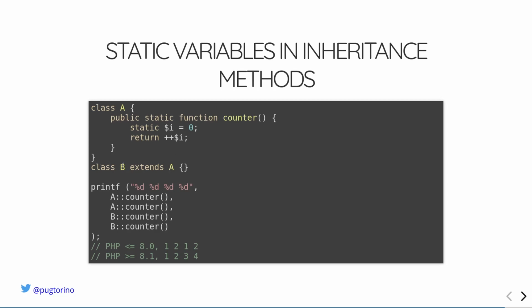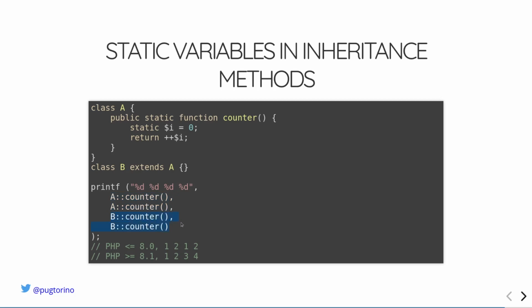We have another class B that extends A, and we are just printing 4 times the value of the counter. So we are invoking 2 times the counter in class A and 2 times in class B.